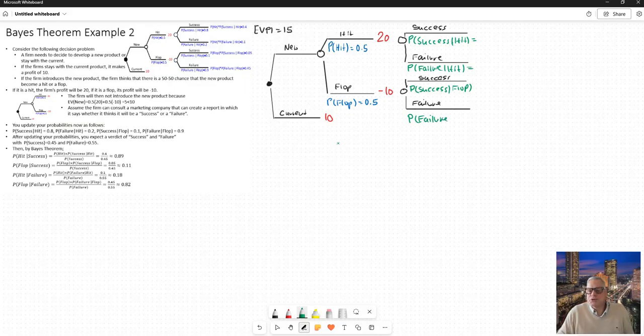Or you have to ask yourself, what's the probability when they look at my product and they think, that looks like a flop, that they will conclude it is a failure? It's probably very high. But those are now subjective probabilities. That's why I made them in green, and they are given to you. What's the probability of a success given hit? This is what you think.